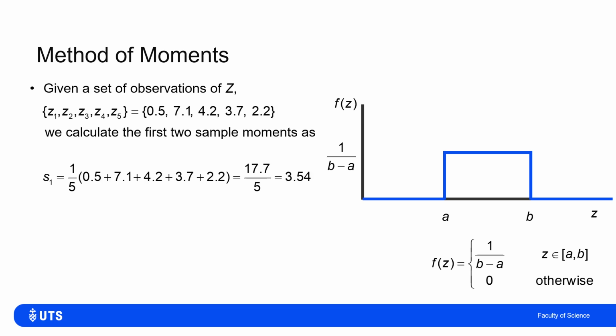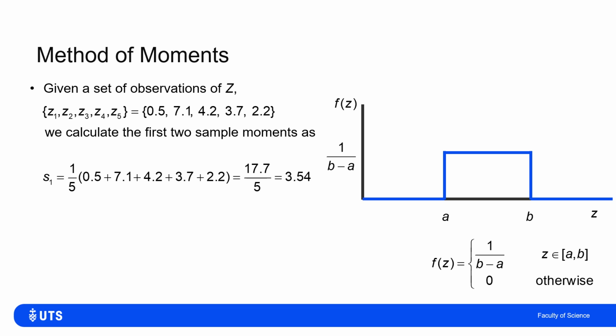Now let's say I've got a set of observations, and the observations are 0.5, 7.1, 4.2, 3.7, 2.2. Well, I can work out the first sample moment just by adding those up. There's 5 of them, and then dividing by 5. Please feel free to check my arithmetic, but I got those adding up to 17.7.